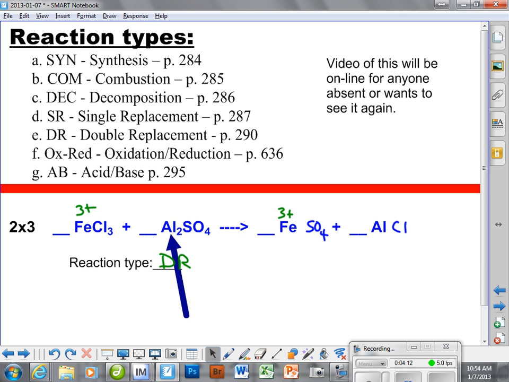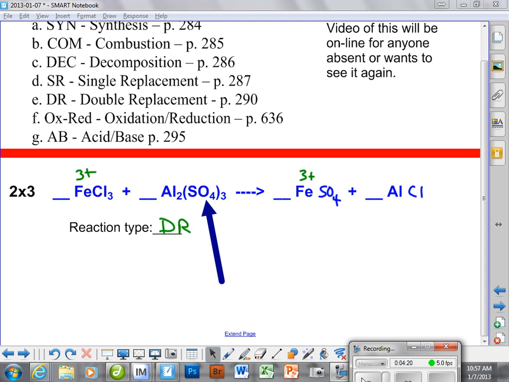So iron is not going to change his charge, nor will the aluminum. So aluminum is over here, and we see 2 aluminums, and I think I have this formula wrong. Let me check it. I did have it wrong, so it's corrected now. So this is aluminum with sulfate, and there's 2 aluminums and 3 sulfates. So I look at this subscript right here, and that's going to give me the charge on aluminum.